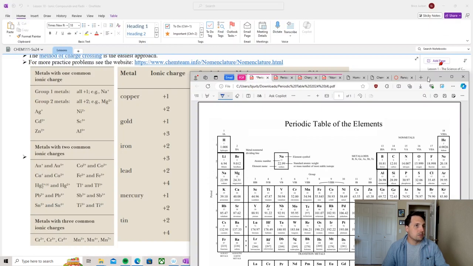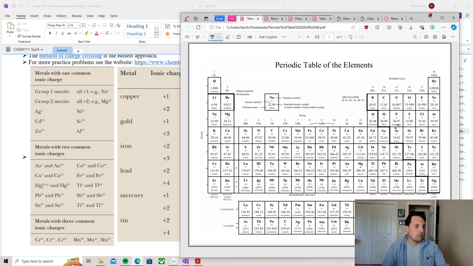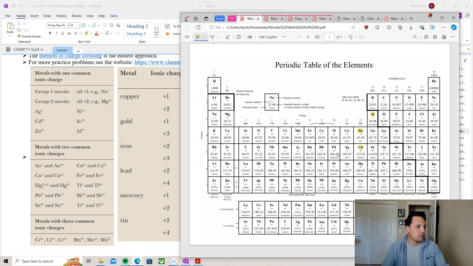And then let's put this up side by side. Aluminum is right here. So aluminum, zinc, cadmium, silver, scandium, and nickel. So nickel is here. Nickel always forms +2, and scandium always forms +3. So that's not too many to have to memorize. And then the groups that start with lithium, beryllium, those are always +1 and +2 respectively.